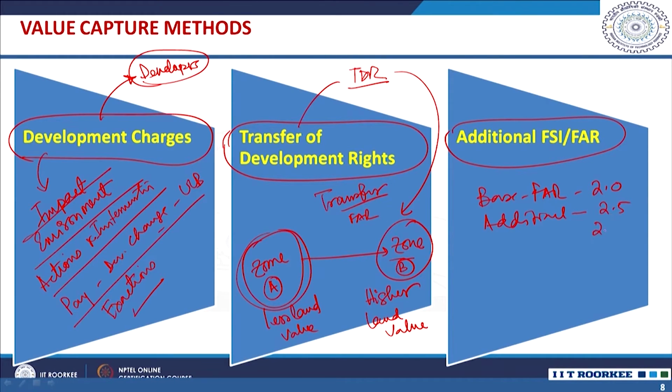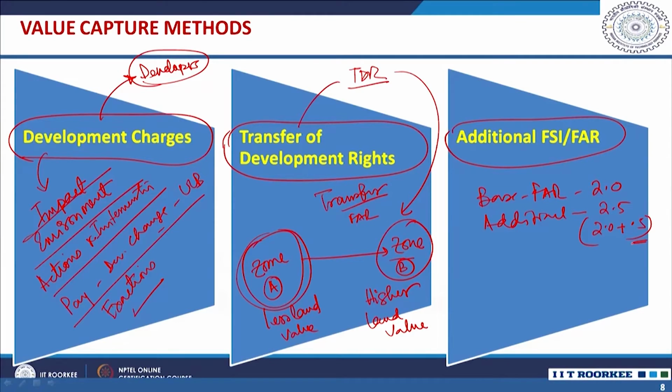So, that means 2.0 plus 0.5. This 0.5 becomes the additional FAR with additional payment. This kind of provision can also be framed under the local bylaws, local rules and regulations by the municipal corporation. In some of the states like Maharashtra, they have been trying both TDR and additional FAR.